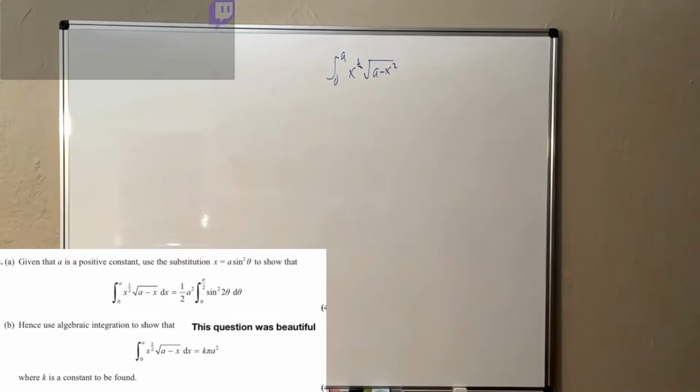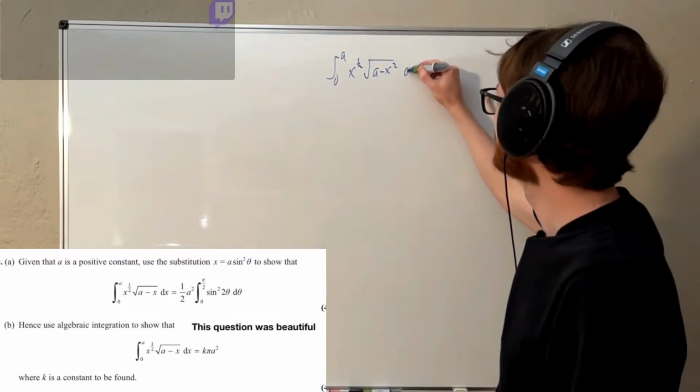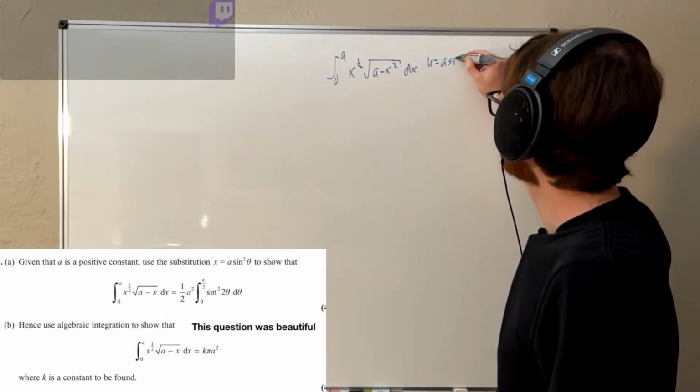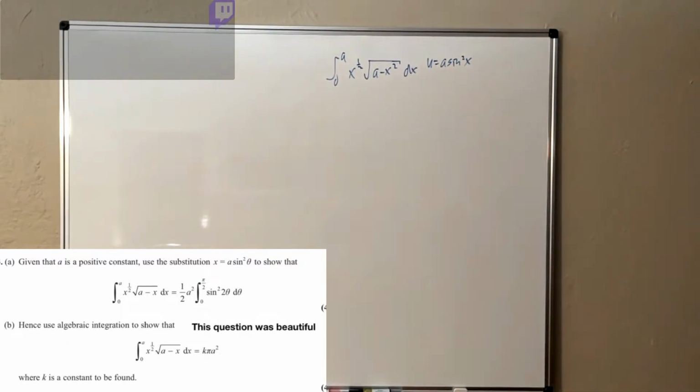So a minus x squared dx. They give us that u equals a sine squared x. Okay. Oh, they don't even ask you to follow through with the integral. Oh, they do in the second part, I guess. Okay. Oh, yeah, you're right.